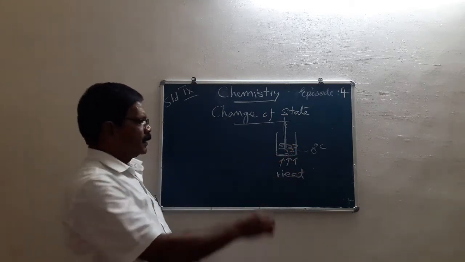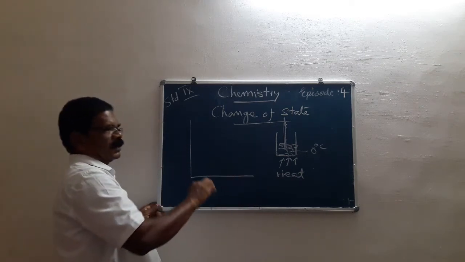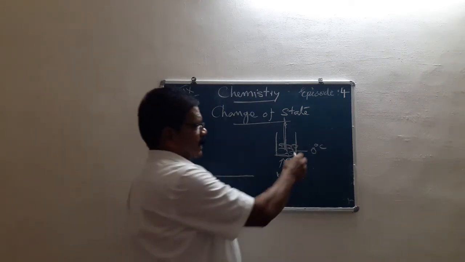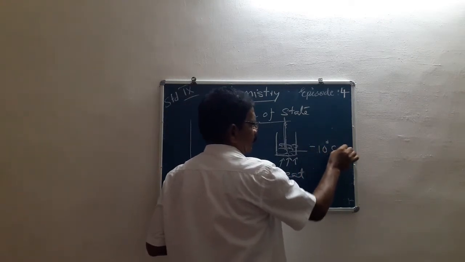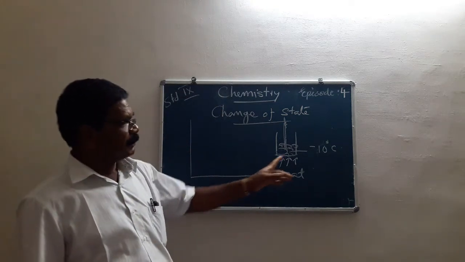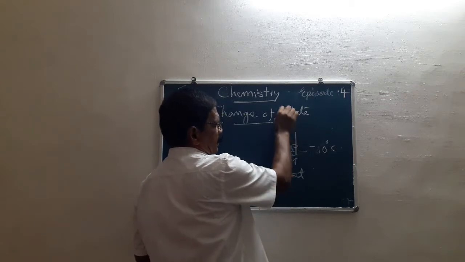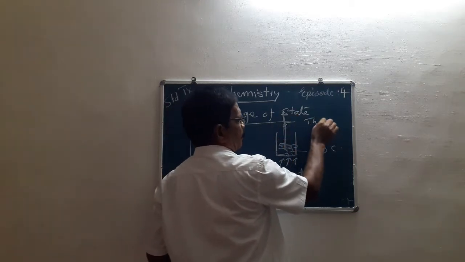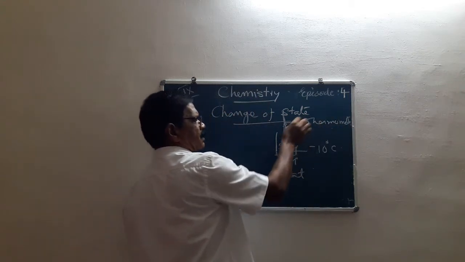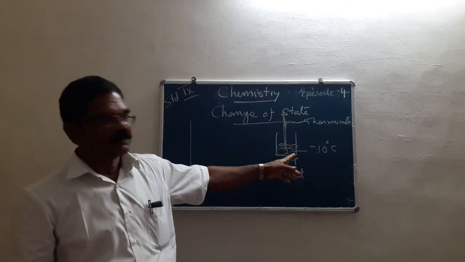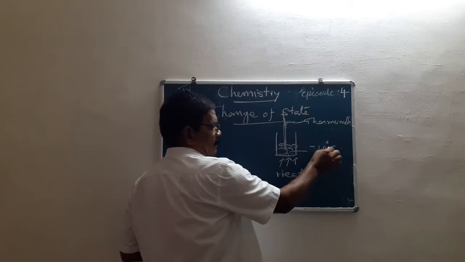Please note this in a graph. Let the ice taken be at minus 10 degrees centigrade. At first, the temperature noted in the thermometer is when we insert the thermometer inside the ice, minus 10 degrees centigrade.